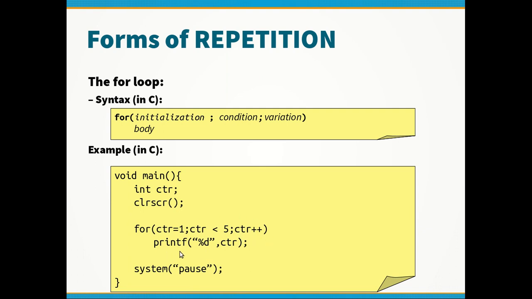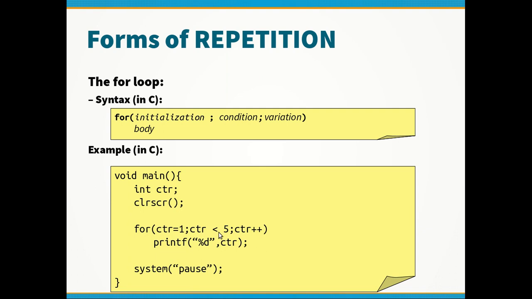So instead of counting right after the print, we instead do the counter plus plus right next to the condition. Now do not be fooled, even though they are all in the same line, it is still only the condition part that will be re-executed after every iteration, after every full cycle. So the CTR gets 1 here will only be executed once, during the start of the loop, and then we will do CTR lesser than 5.